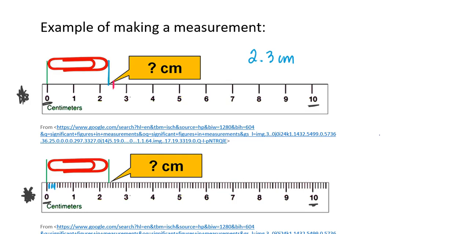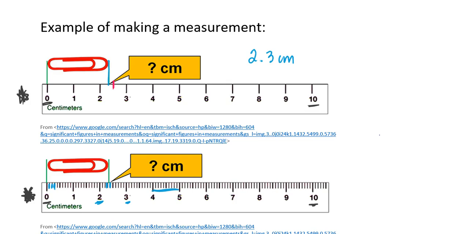Now I can extend beyond the first decimal point, because if I take a look at the length of the paper clip, you'll see that it actually falls between the third and fourth subdivision between 2 centimeters and 3 centimeters. And if we count up the number of subdivisions between the whole numbers, we see that each subdivision corresponds to 1/10 of a centimeter, or 0.1 centimeters.